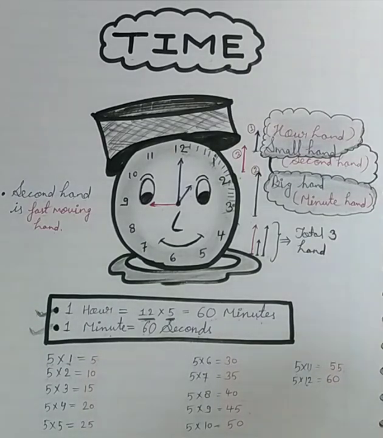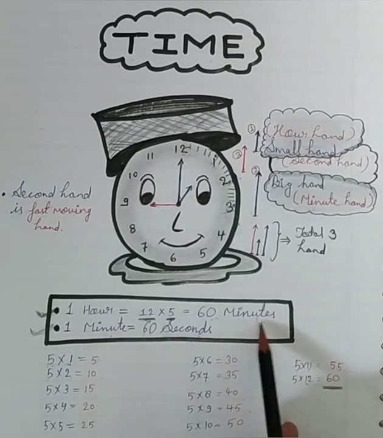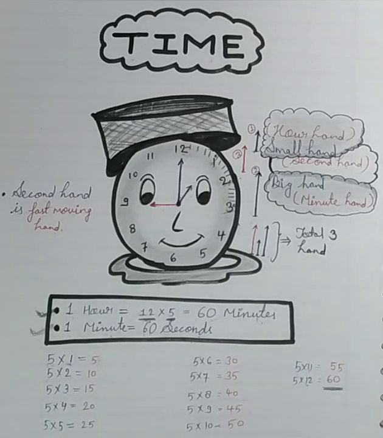Okay. So that's why you can see here the last number is 60. So that's why 1 hour is equal to 60 minutes and 1 minute is equal to 60 seconds. Okay. So these were the basic things that you have to learn.